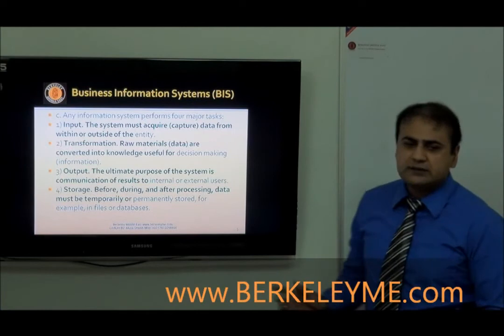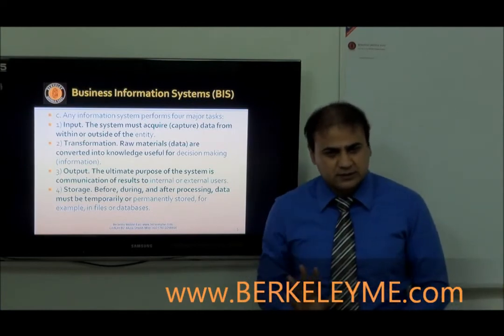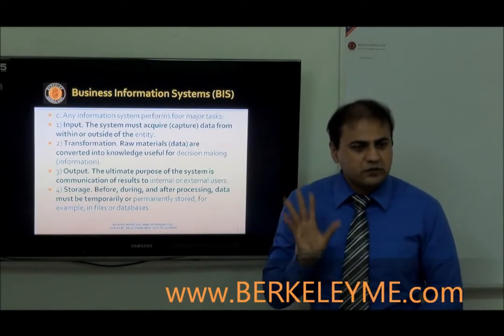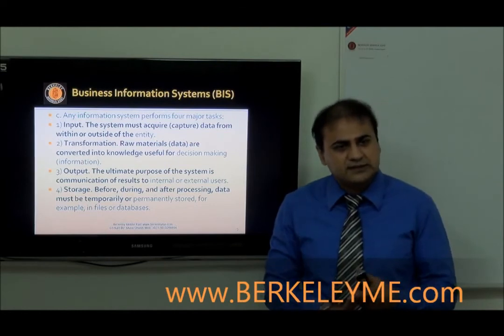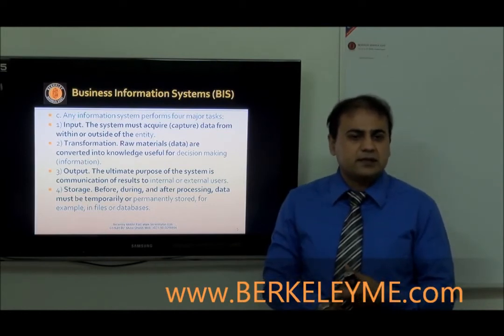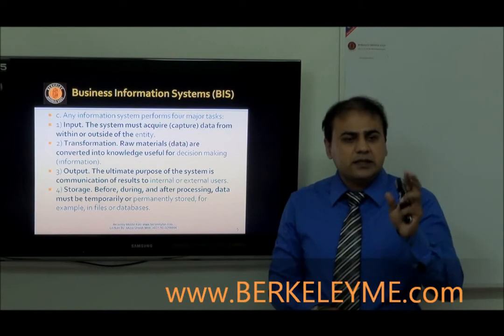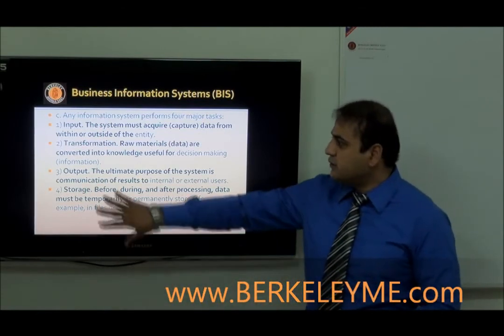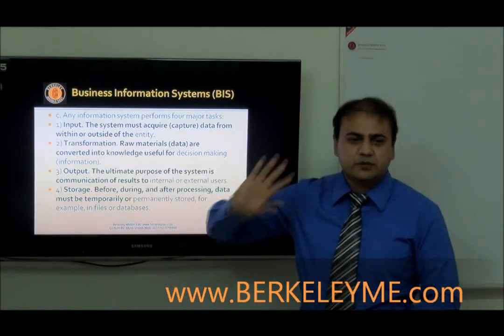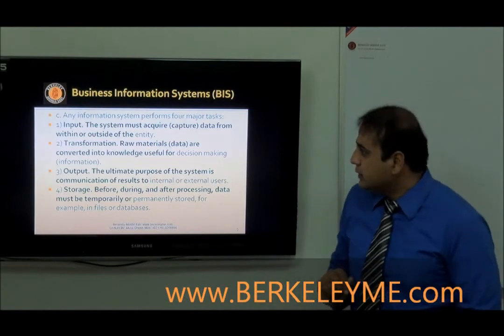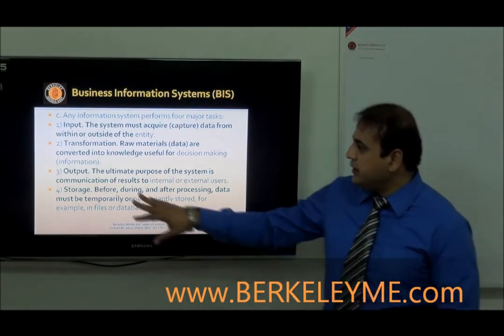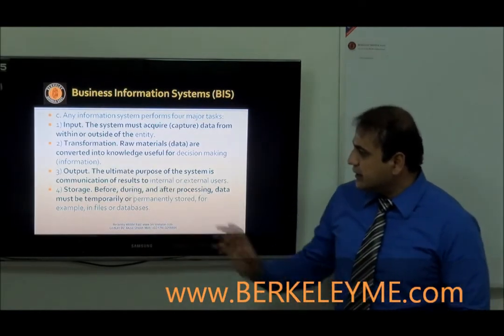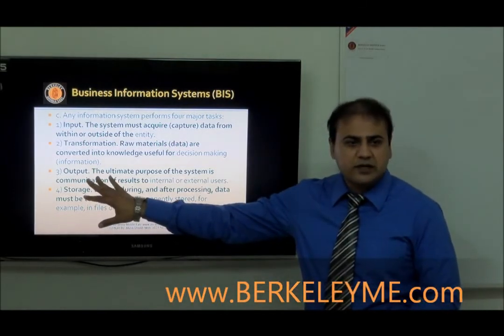Now, every function has 4 major tasks, whatever information system you have, be it Oracle Financials, SAP, Sage, or any other ERP you are using. First of all, you have to do some inputs. Then the input will be transformed. Then any output will come out of it as a report.